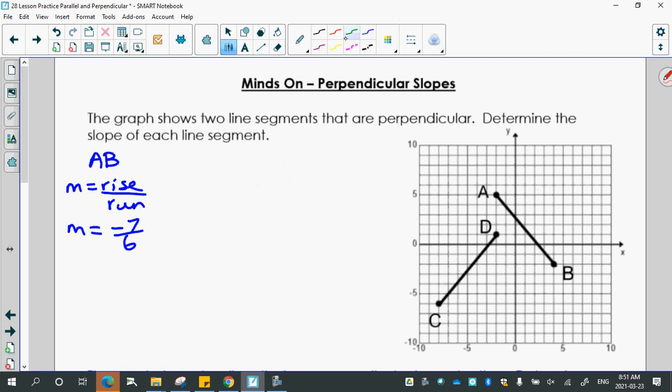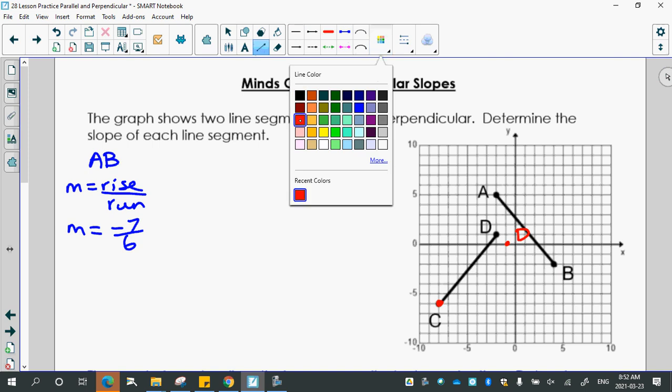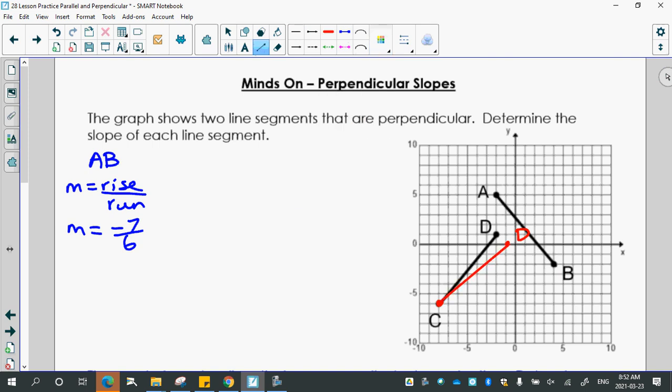We'll even start at C. I'm going to end somewhere else. There's my correct D. I'll make it with a red line. There we go. There's the correct D. So the end point is at 0, -1 there.